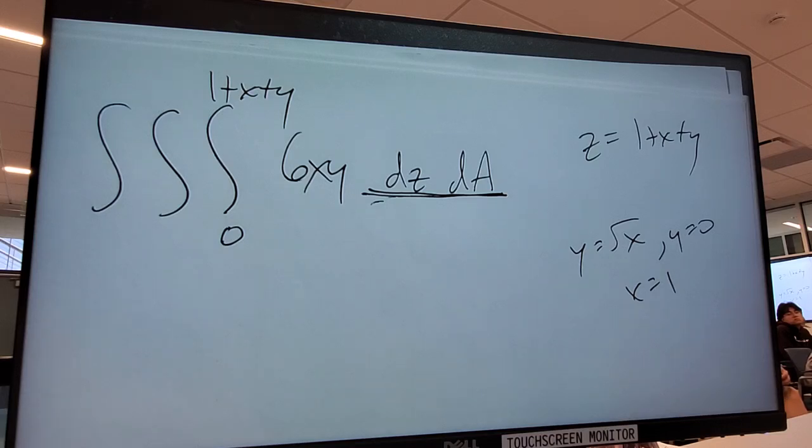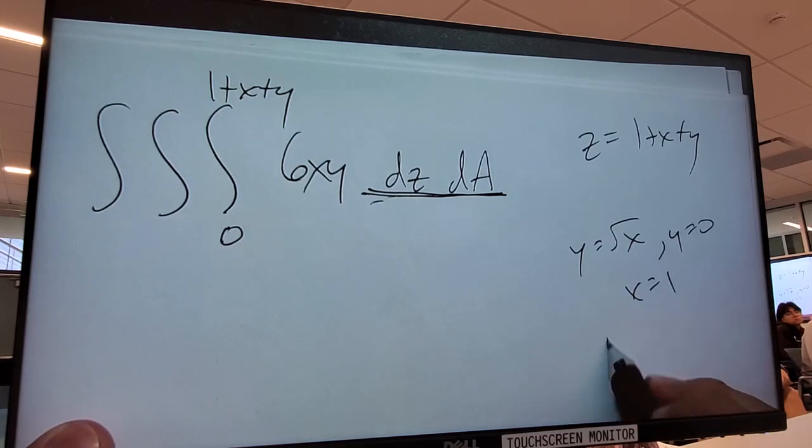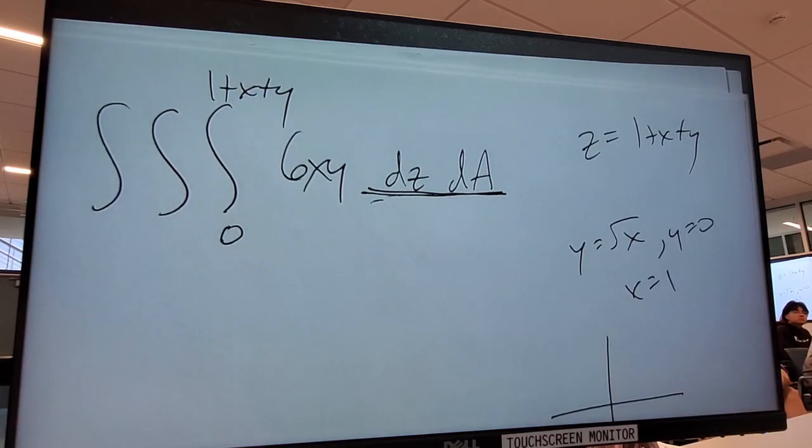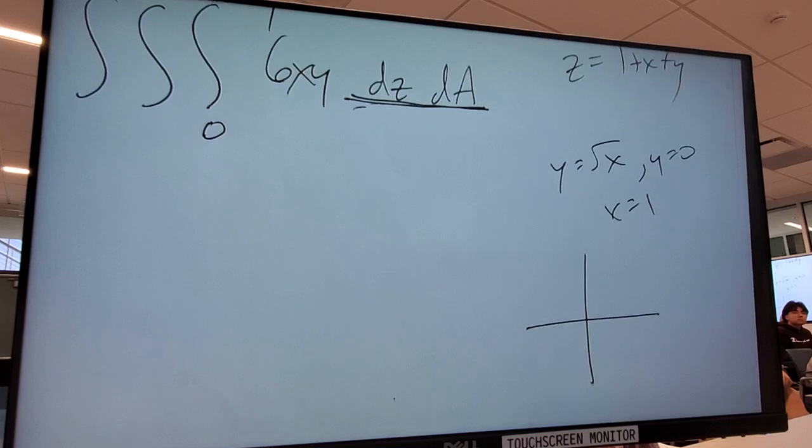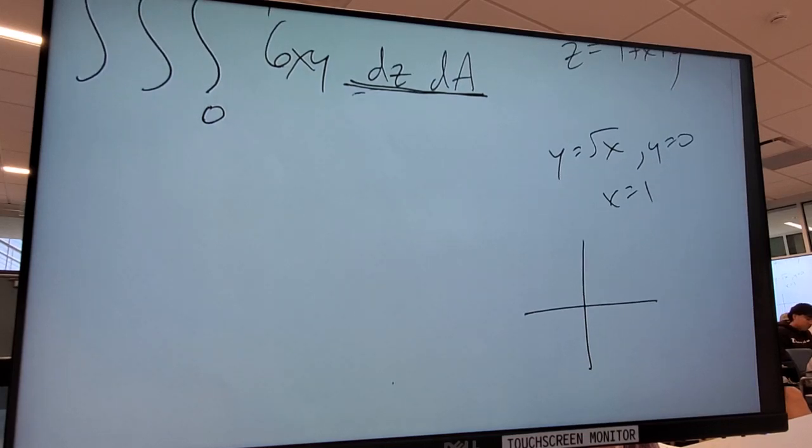But just make sure if you get the wall in the wrong place for your region, everything else is going to go wrong. Thankfully, I don't use the Scantron, so I actually give you credit. You'll lose points for that, but if you did everything else right after that, that's the only points you'll lose. Yes? All right, I'll give you a minute to finish up if you haven't graphed that region in the xy plane yet.